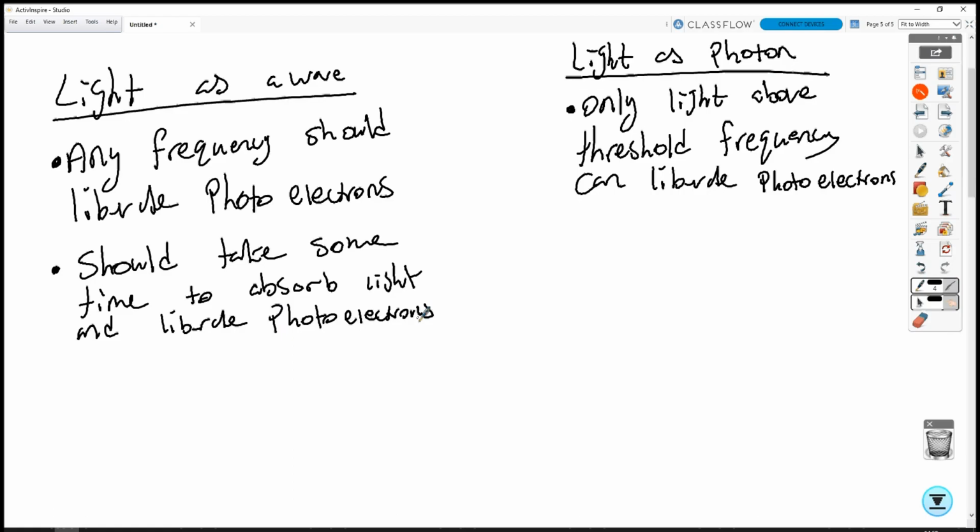The experimental evidence showed, again in the favor of the photon theory, that the photoelectrons were liberated instantly for any radiation above the threshold frequency.